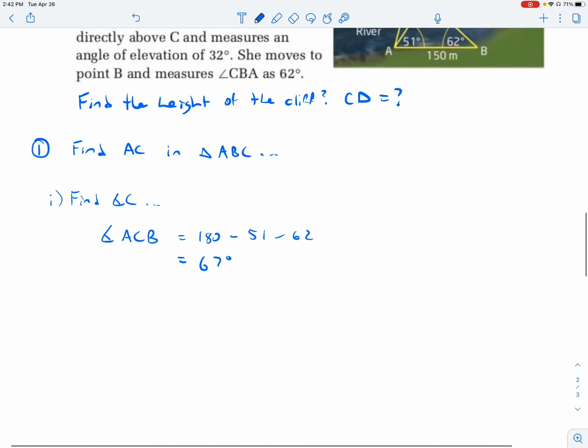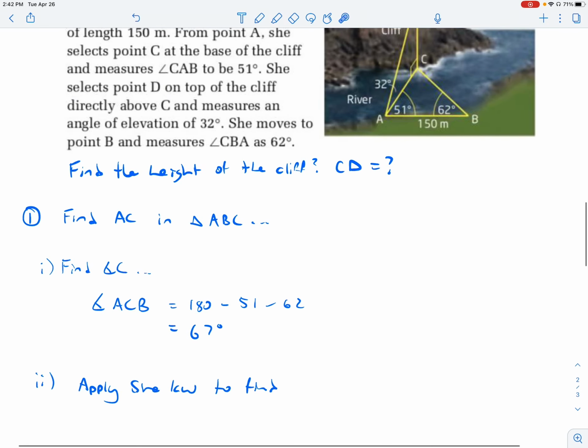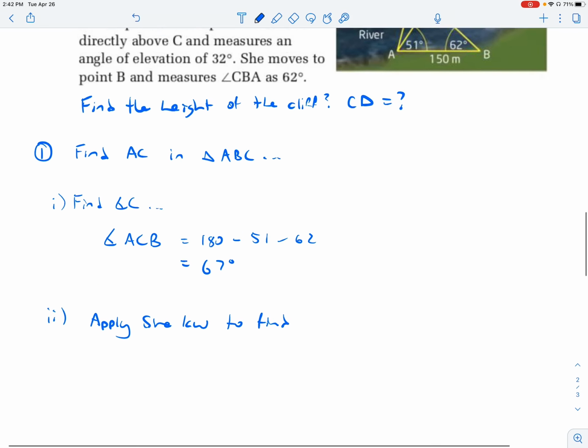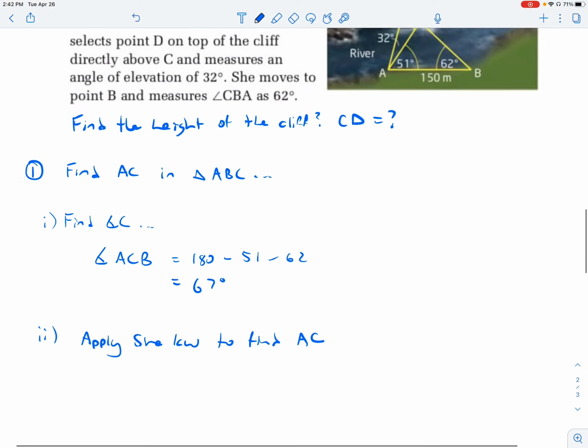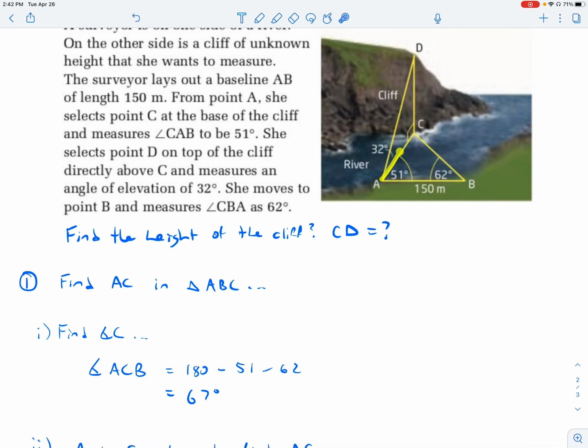Okay, now I'm going to apply sine law to find this length here, AC. I'm calling it AC, but it's actually opposite to B, so I could just call it little b.